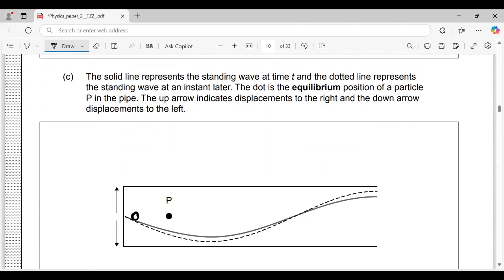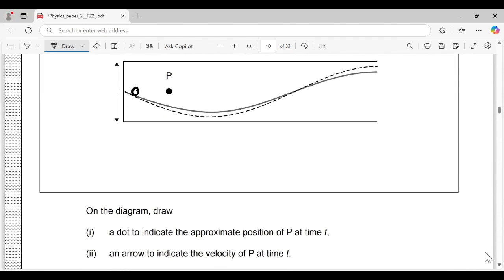So the position of P at time t is this dot according to the equilibrium position. Also draw an arrow to indicate the velocity of P at time t. The velocity direction is to the left.